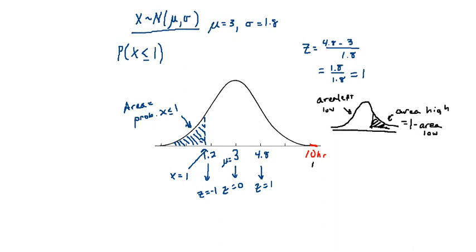So what we're really looking for is the probability that x is greater than or equal to 10 hours a day. To get that, we take 1 and subtract from it the probability that x is less than or equal to 10. Alright, so let me do that in Excel for you. We want the probability that x is greater than 10.